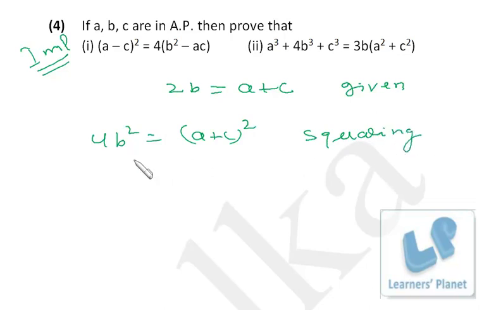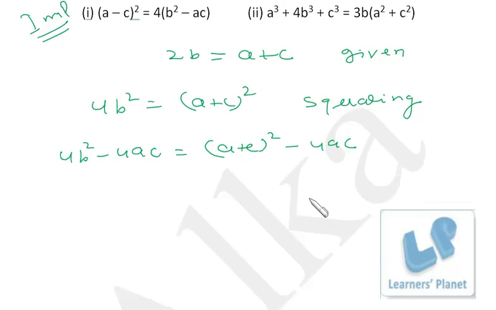Squaring both the sides. Now what I do, I deduct 4AC from both the sides. 4B square minus 4AC is equal to A plus C whole square minus 4AC. Now from here I am taking 4 common, and it is B square minus AC.